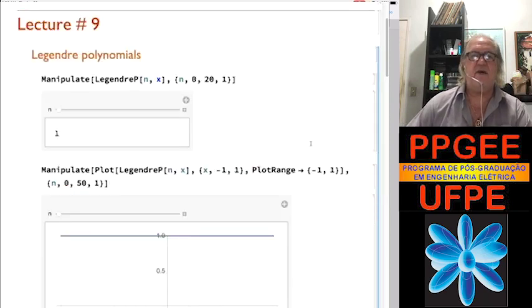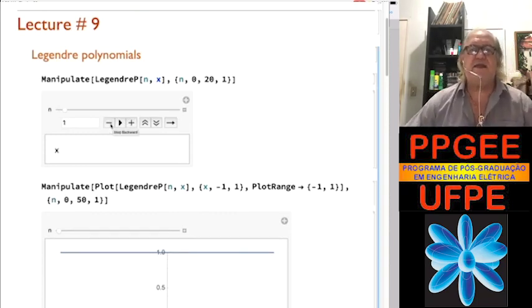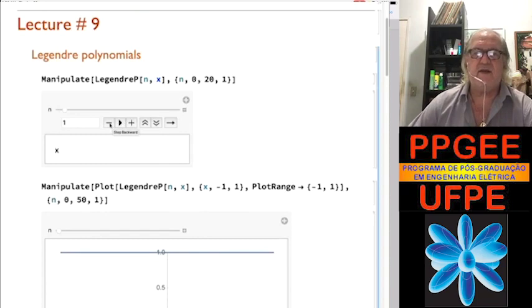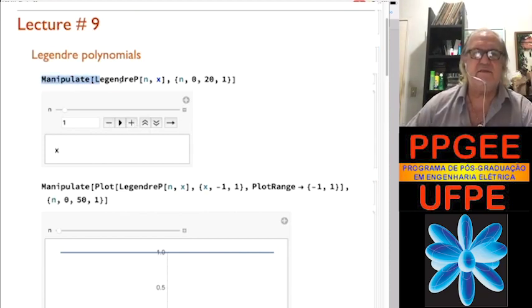Let me see if this thing works. Okay, we have here the Legendre polynomial. I cannot show a lot of them in my notes, but I can show you in Mathematica using this Manipulate function.